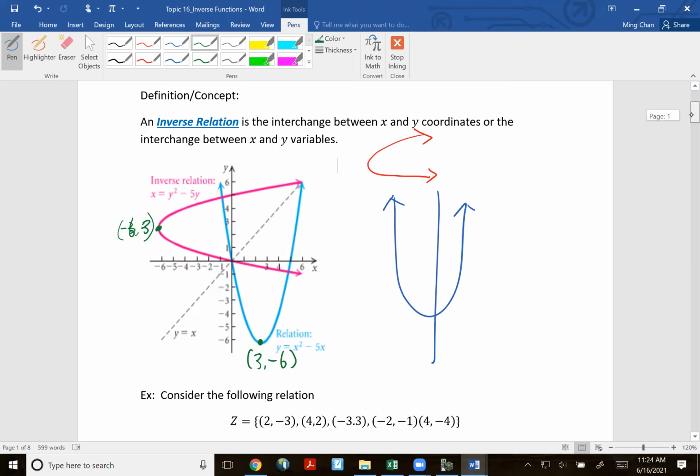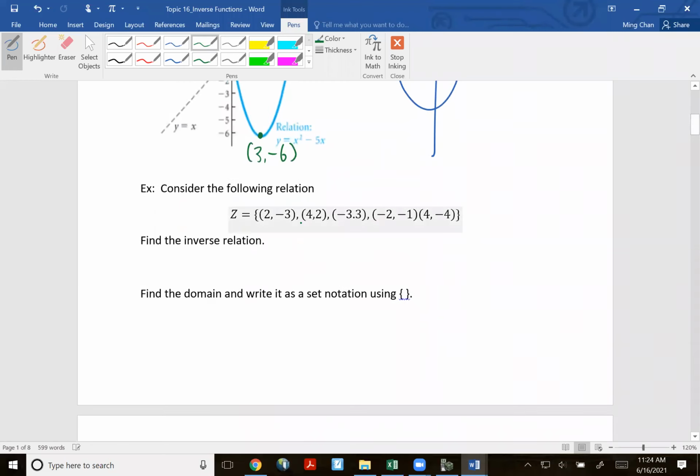All right, so here I have a relation. Did the x value repeat? No. So we know this relation, these 1, 2, 3, 4, 5 points together, is a function. So what is its inverse relation? Its inverse relation we will denote as z^-1. It's not z to the -1 power. It's called z inverse. The -1 is referring to inverse.